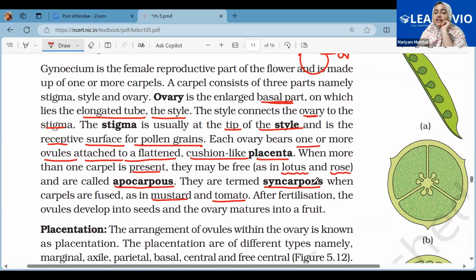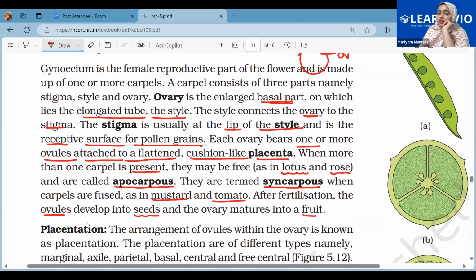Now, after fertilization has been done, meaning the fusion of the male and female gamete, the ovules present inside the ovary develop into the seed. For example, the mango has one seed; that seed is developed from the ovule.